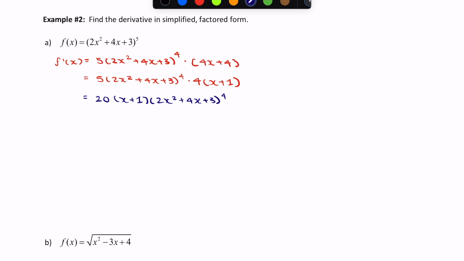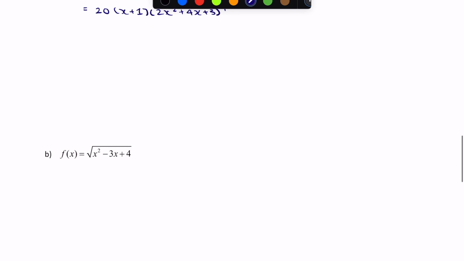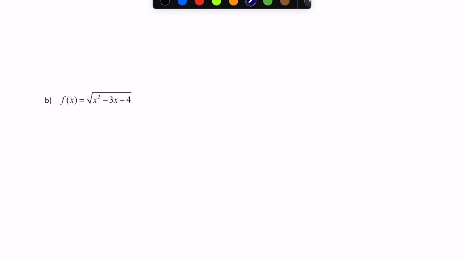Okay, so this next question shows us f of x is equal to the square root of x² − 3x + 4. Remember, if you recall, when we looked at values under the square root before and the derivative, y is equal to square root x, the derivative of that is equal to 1 over 2 square root x.